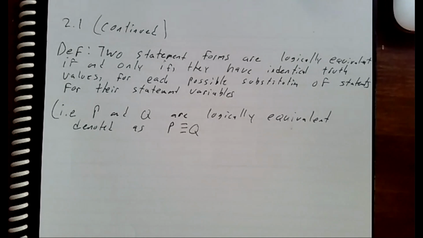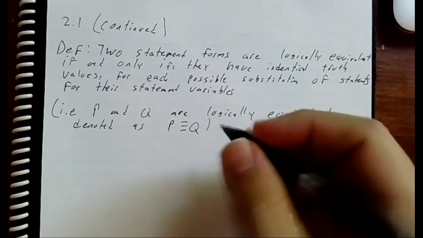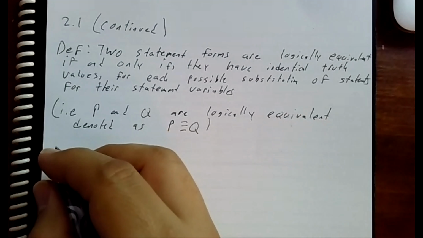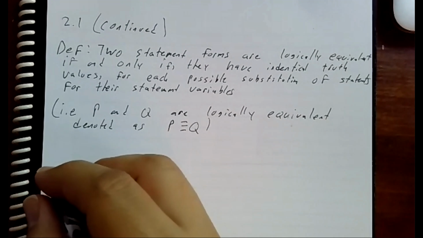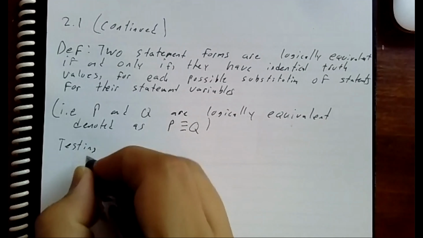And usually you can just look at the truth table and see, all right, well, if the truth tables are the same, then they're logically equivalent. So that's it. Okay, and here's the testing.